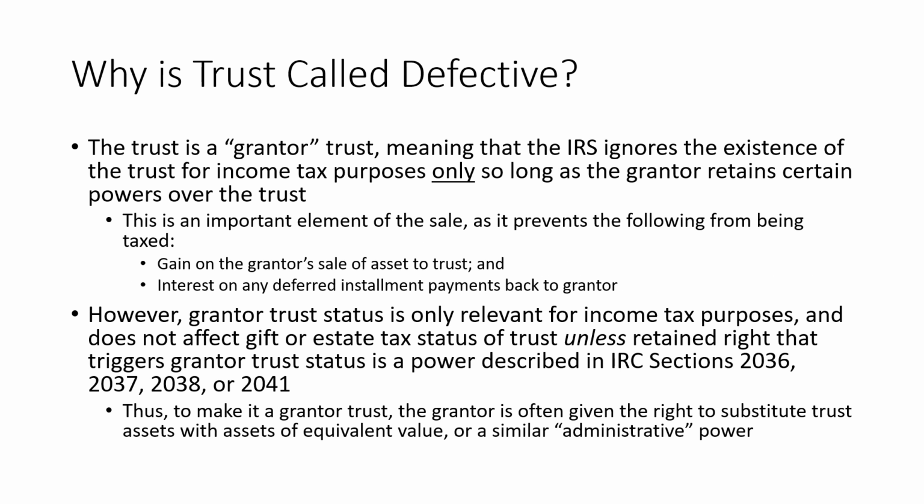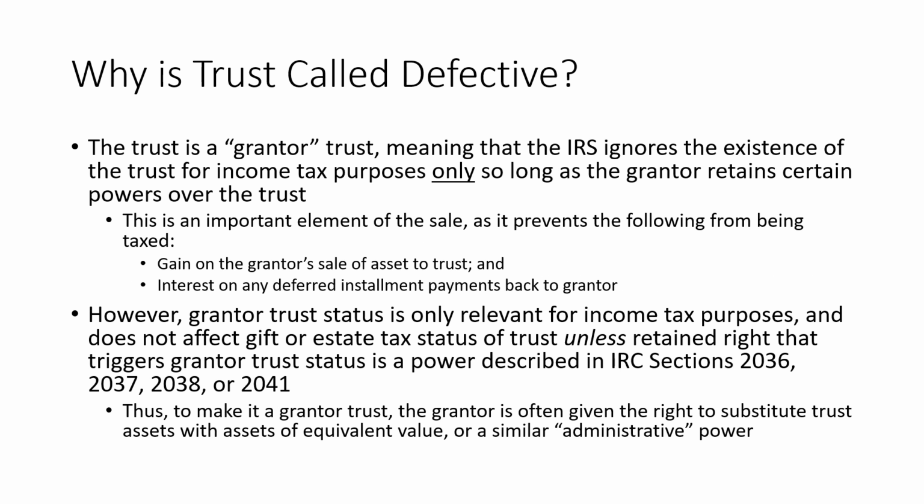So this allows you to sell an asset to the trust, and it's important that it be a grantor trust for that sale element as well, because essentially, if the trust is ignored, it's as if the grantor is selling assets to the grantor, which is a tax nothing. So that means that any gain on the grantor's sale of the asset to the grantor trust wouldn't be subject to income tax, nor would payments of interest from the trust back to the grantor on that installment note that I mentioned.